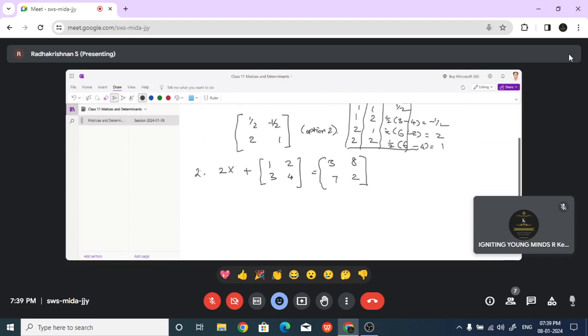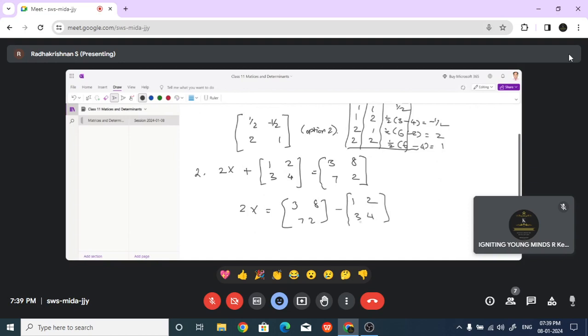So matrix addition, we can operate on both sides. You can subtract this matrix on both sides, just like you do in algebra. I am eliminating the matrix on this side and moving it to the right side. So it becomes 3, 8, 7, 2 minus 1, 2, 3, 4.